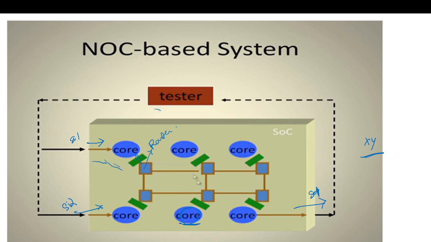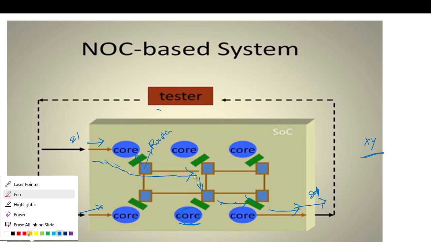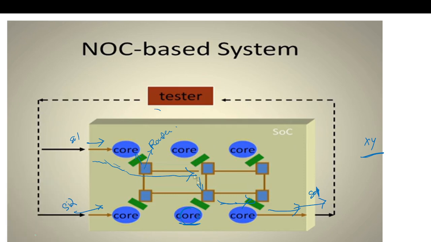If we choose to test along this path, after testing this core, the response should go by X and then X to the tester. Another possible method could be coming from SI2, from X directly to the core and then again X to the SO.